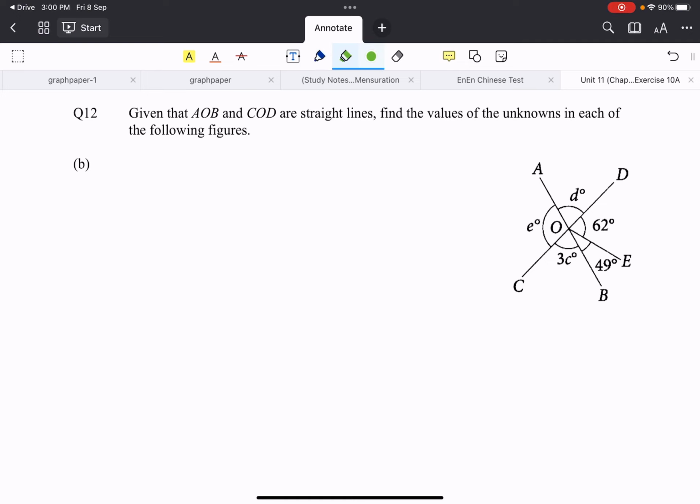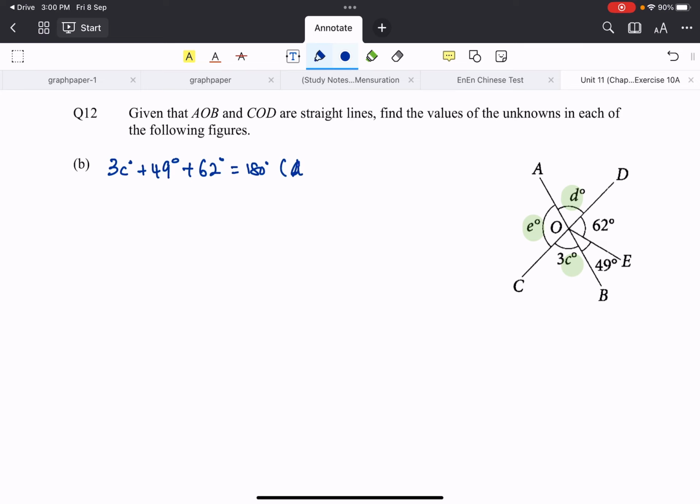Once again, we can see that C is over here, D is over here, E is over here. So let's see how we can find C. Well, by observing the line CD, we can see that if we were to add them up, right? So we have 3C degrees plus 49 degrees plus 62 degrees. This is equal to 180 degrees, right?